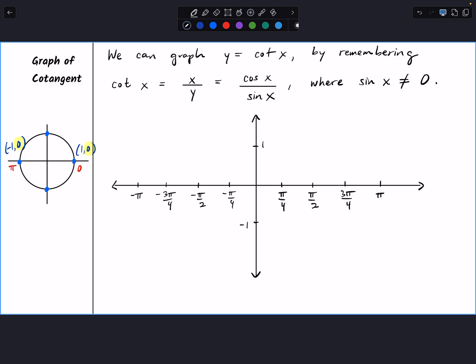So what do we know about this graph? Where is there going to be an asymptote according to my unit circle? At pi? And according to the picture, where else? Pi and where else? Guys, what's in red on the circle? 0.